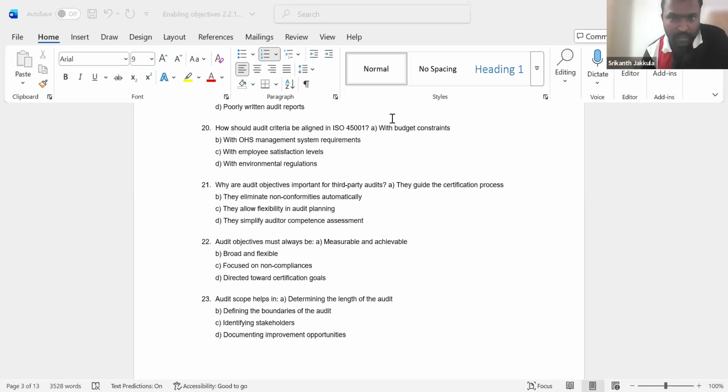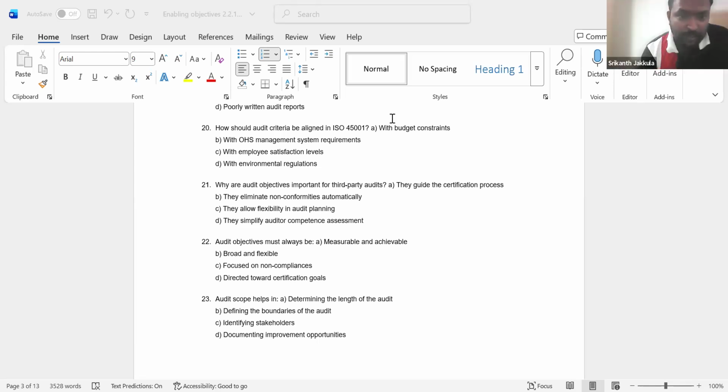If the audit objectives guide the certification process for third party audits, then what is the use, sir? The certification process is not important, in my opinion. The third party auditors will plan their audits according to the given objectives only.